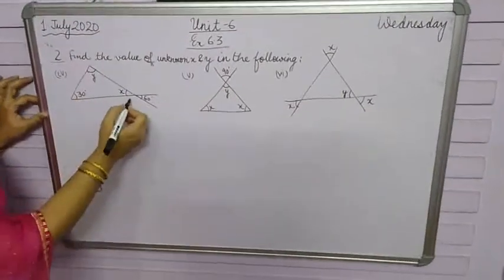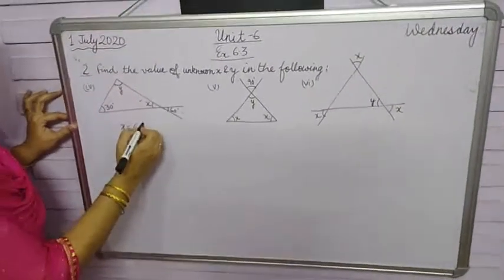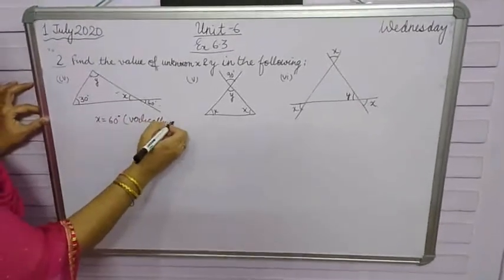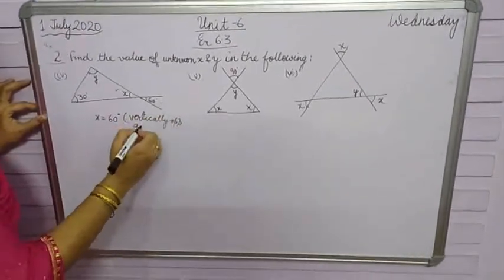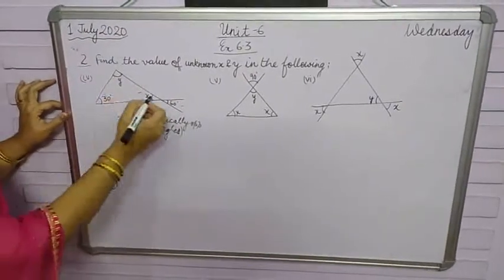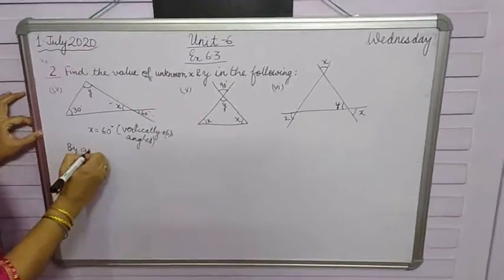Fourth part, again as you can see, these two angles are equal. Why? Because these are vertically opposite angles. Now again in this triangle we have two angles and the third one is unknown. So let us apply the angle sum property.